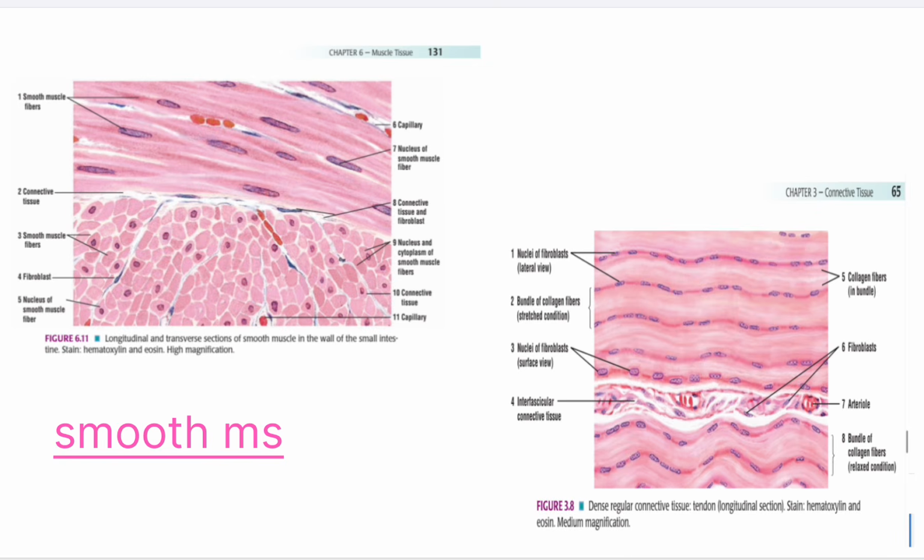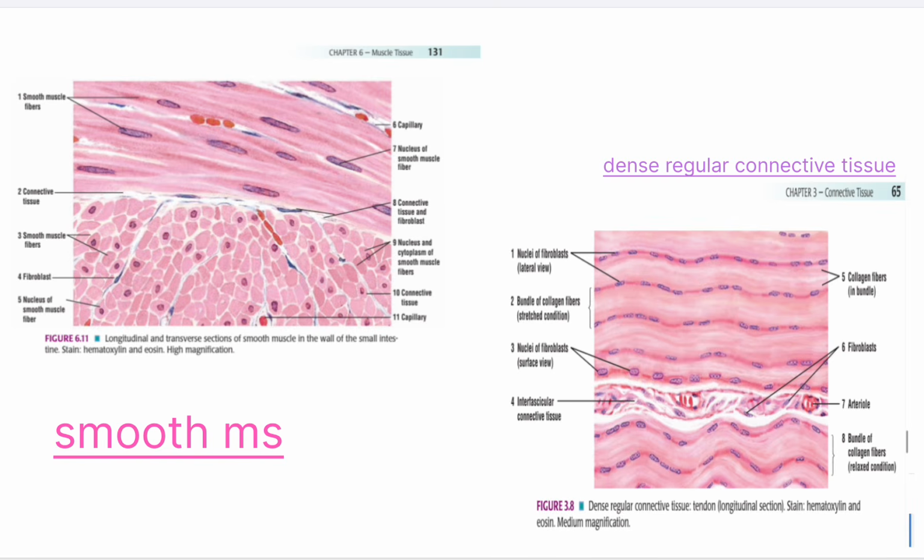However, in the next slide you can see the same wavy pink pattern, and that may be confused with smooth muscle, but these are not smooth muscle. These are collagen fibers. This is a specimen of dense regular connective tissue, which is often found in the tendons, ligaments, etc.